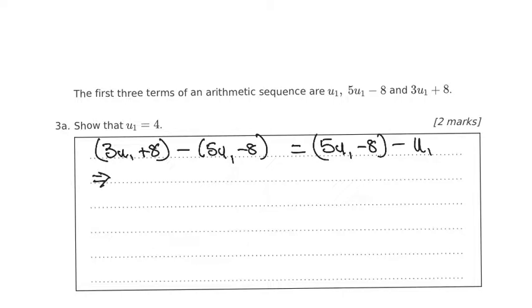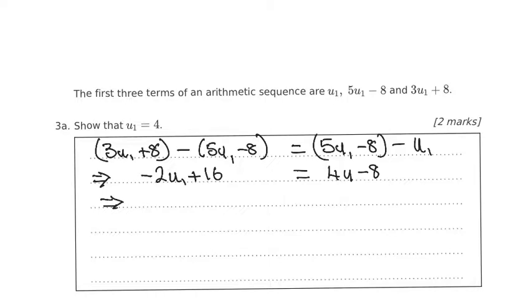Therefore, we get 3u1 minus 5u1 is minus 2u1. 8 plus 8 is 16, is equal to 5u1 minus u1, 4u1 minus 8.